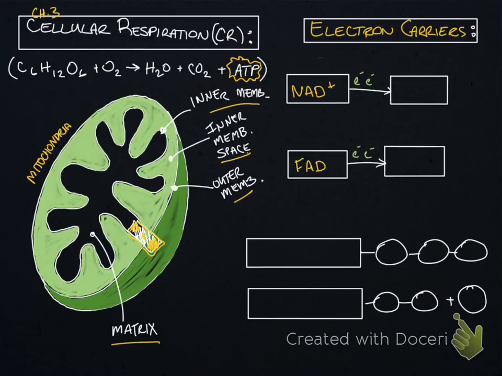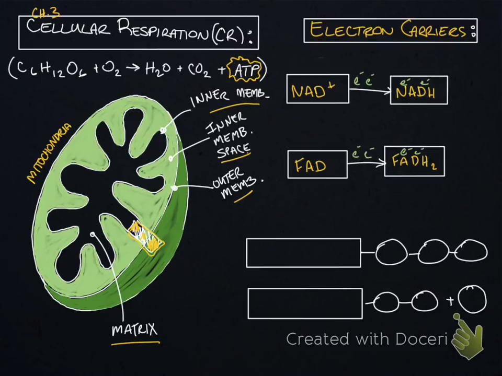When we do that, they become NADH and FADH2. So now they're cofactors, or high energy molecules, and they can basically be cashed in. These electrons can basically be cashed in for ATP, which is what we want.